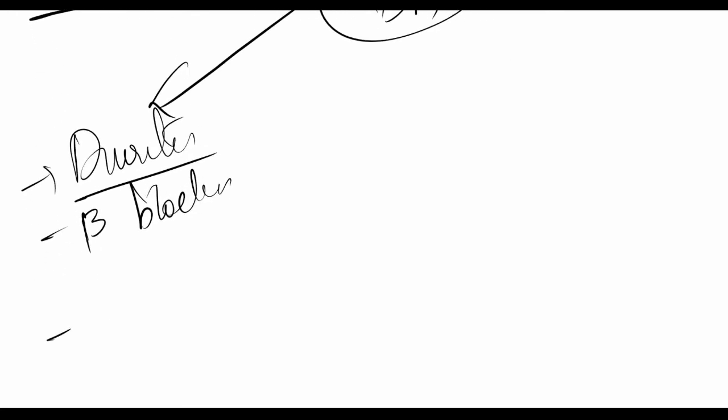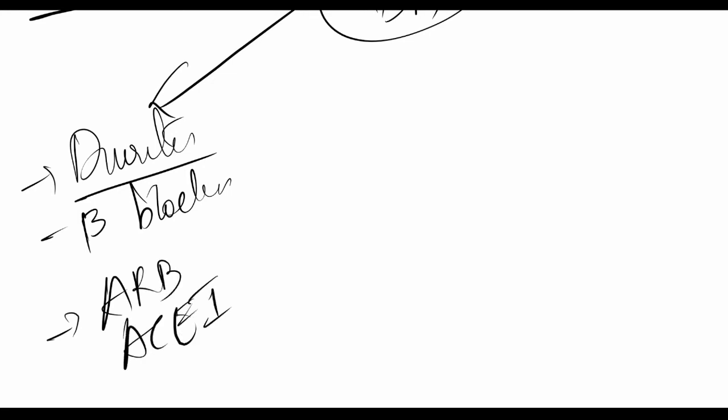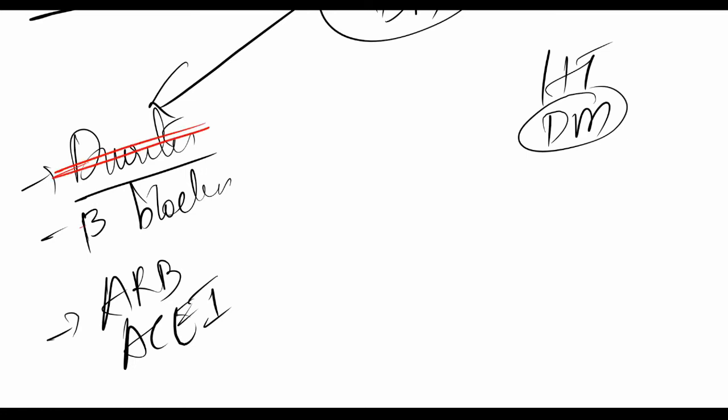And then there are other drugs like angiotensin receptor blockers, ACE inhibitors. If a person is having both hypertension and diabetes mellitus, you should be considering diabetes mellitus, and you should avoid giving the person diuretics and beta blockers, because beta blockers mask the hypoglycemia which the person will be suffering, and hypoglycemia can lead to severe complications.